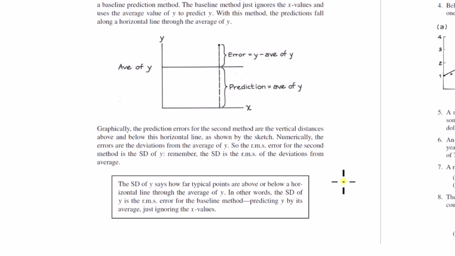So maybe in the next section, when we learn a simpler formula for calculating RMS error for regression, we might use standard deviation, right? Since they're so closely related. The standard deviation of Y says how far typical points are above or below a horizontal line through the average of Y. In other words, the standard deviation of Y is the RMS error for the baseline method, predicting Y by its average, just ignoring the X values.